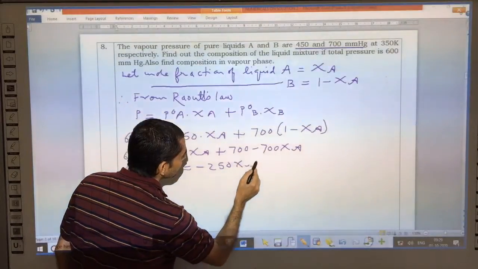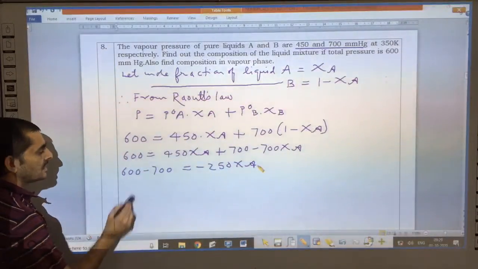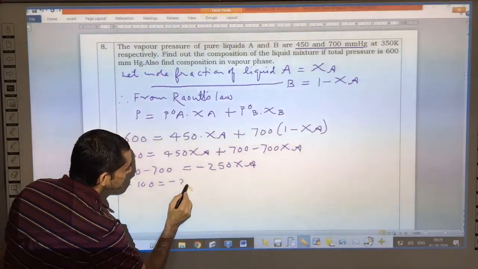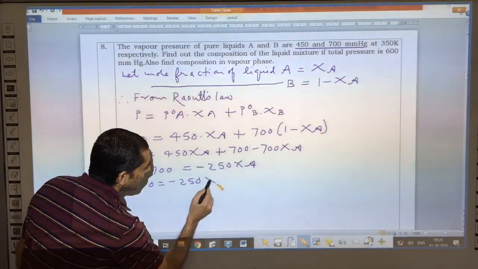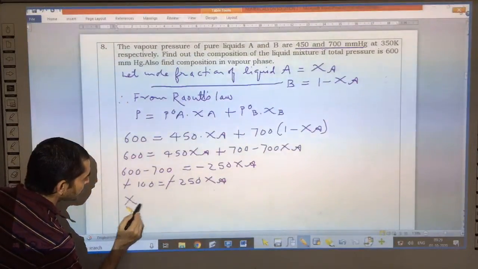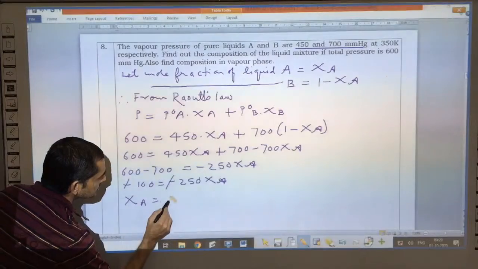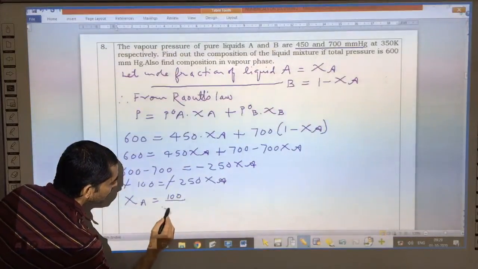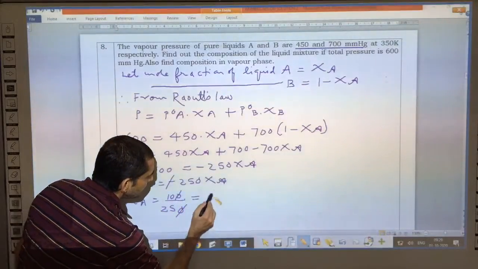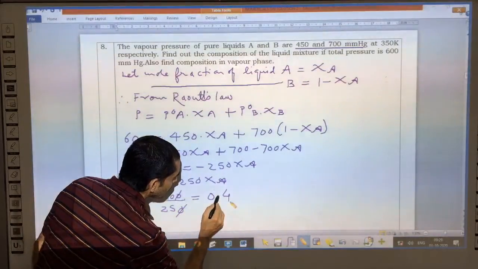This is minus 100 is equal to minus 250 XA. Minus minus get cancelled. Mole fraction XA comes to be 100 upon 250. You solve it, it is 0.4.